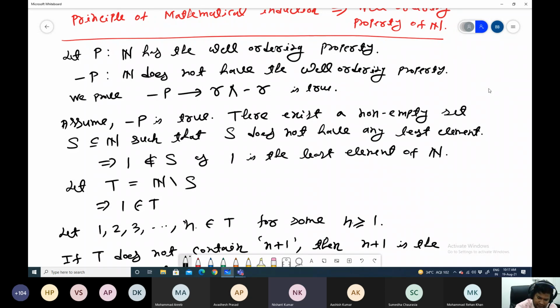If we take S as a set of even numbers, and so T will become a set of odd numbers, right? In both cases, we have a least element. So how are we saying in the last statement that we have one to n elements, so n plus 1 will also be there?